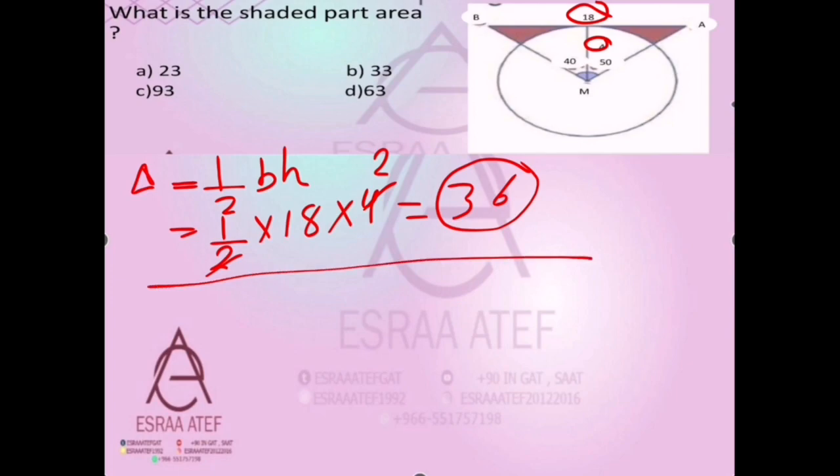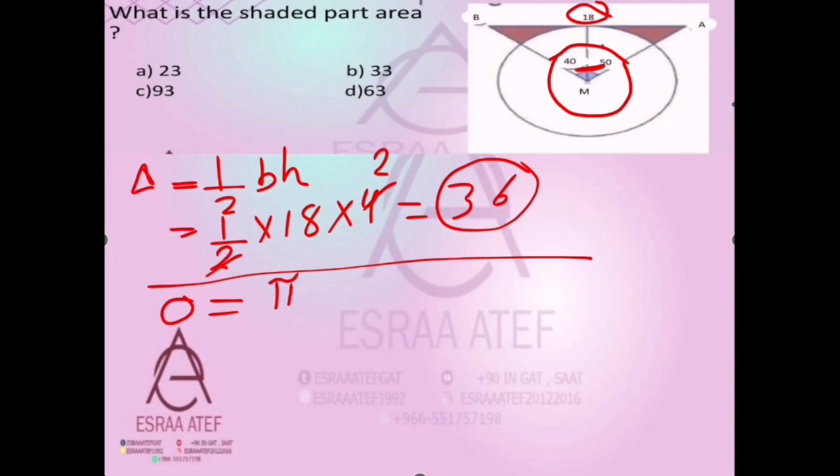And then we want to get the area of this part. The angle of it is 90, which means that it's a fourth of the circle, because the whole circle is 360, so this part is 90, so it's a fourth of it. So we will get the area of the circle, πr squared, and divide it by 4 to get the fourth of it.